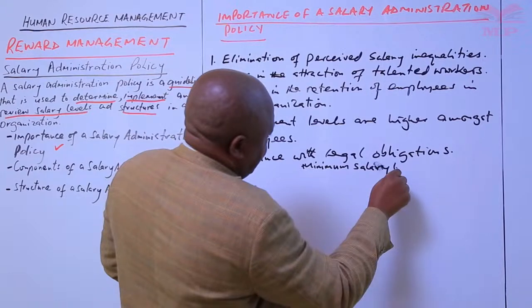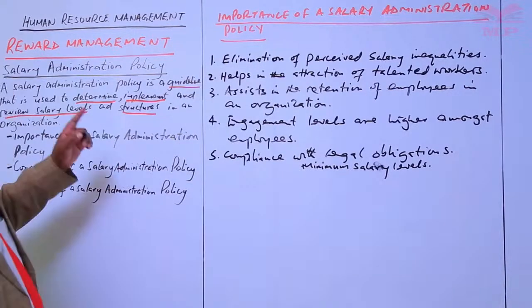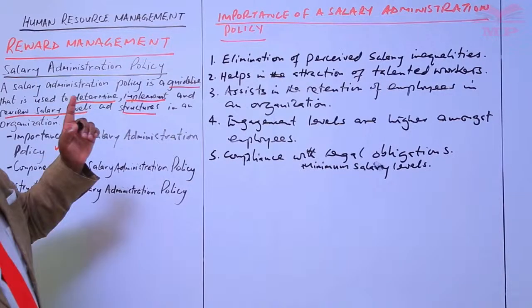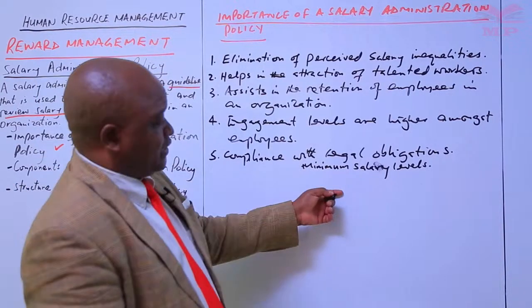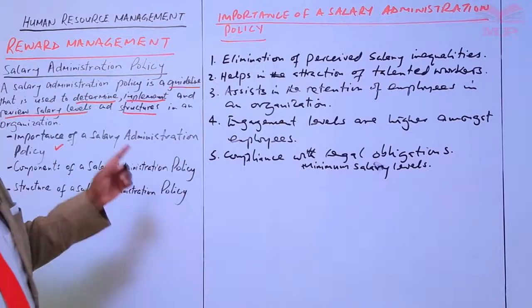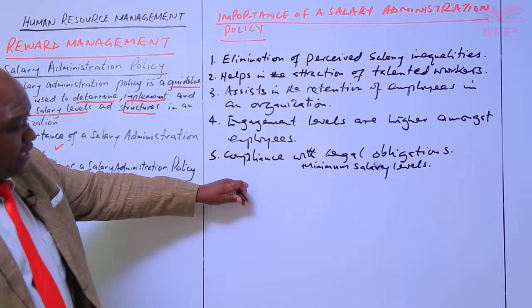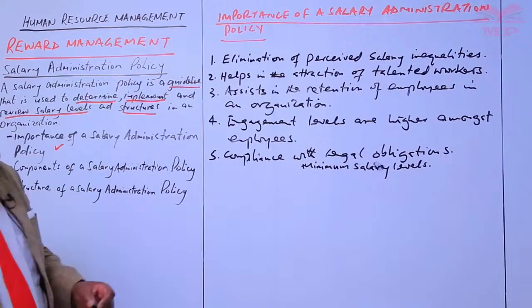So this kind of an organization will ensure that their policy is very clear. Whenever there is even an adjustment in terms of the legal thresholds, the policy of implementation of salary has to pay at the minimum or above the minimum salary level.